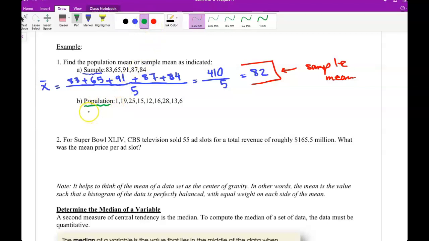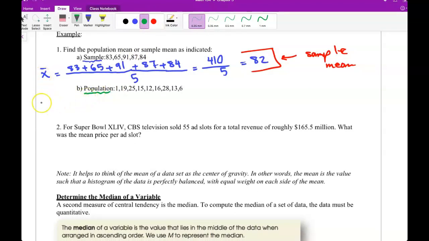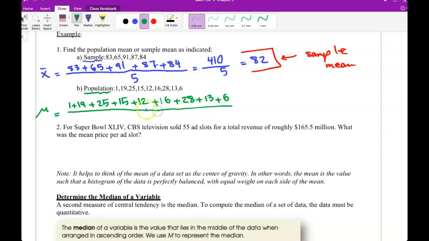Now part B is a population. Since we have a population, instead of x bar, now we have mu. Adding all these numbers on top, divided by how many numbers we have: 1, 2, 3, 4, 5, 6, 7, 8, 9.